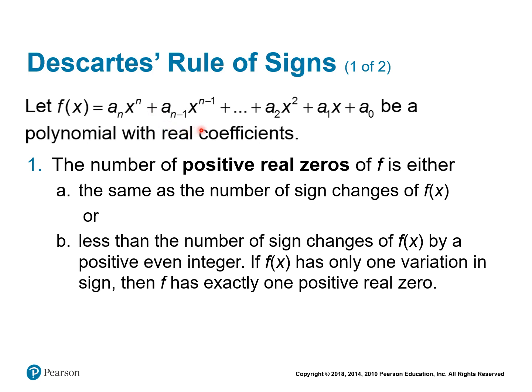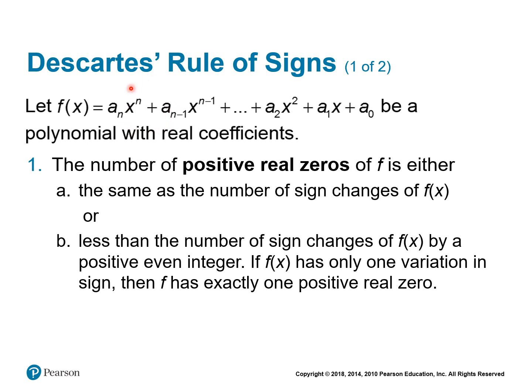Then if the next one had a minus, that's no sign change. Minus to minus, no sign change. If the next one were a plus, then that would represent a sign change. All right, negative to positive. So in other words, what we are doing here is looking at the sign of each term and determining whether it's a change from the previous term.